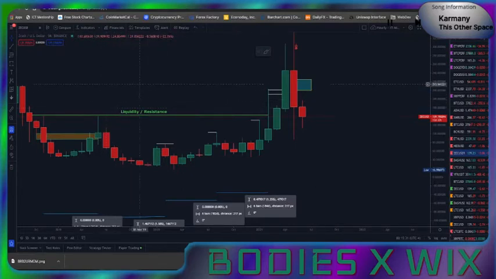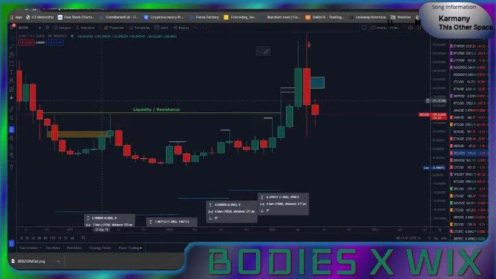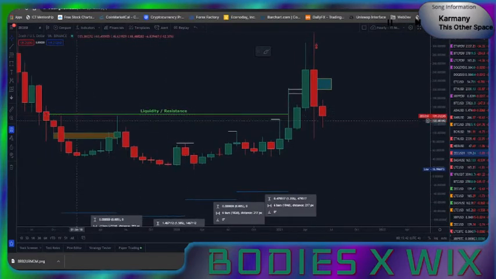So here we're going to go through market structure breaks, and what to do next. Okay, so for the monthly here, as you can see, we have 1, 2, almost a third.